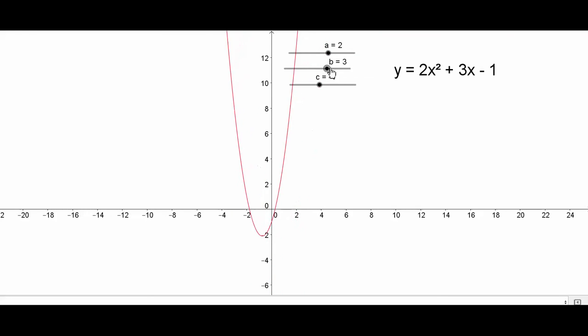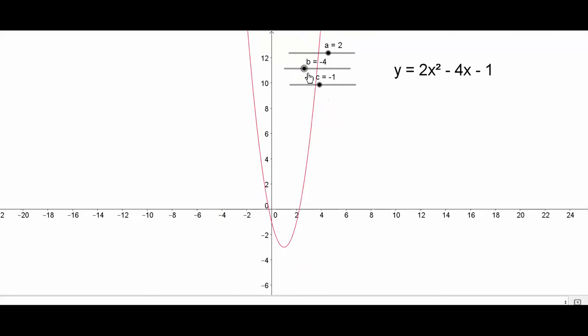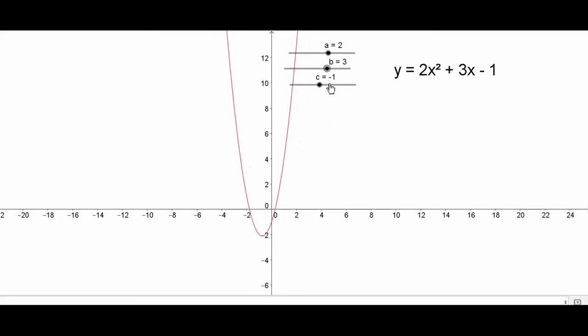Varying b just changes the position of the quadratic.